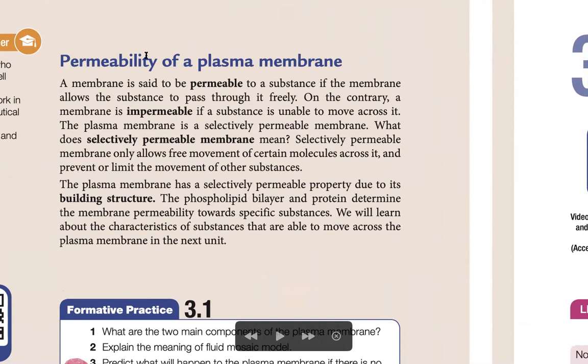I want to give my own definition, which is much simpler. Permeability is an ability to allow all substance to get in or get out from the cell.